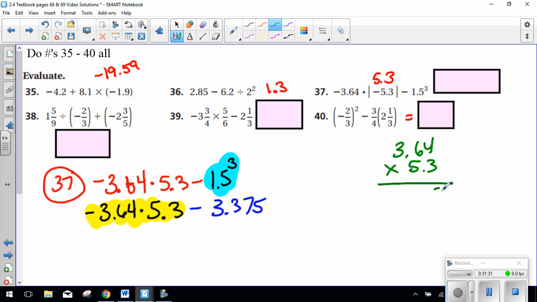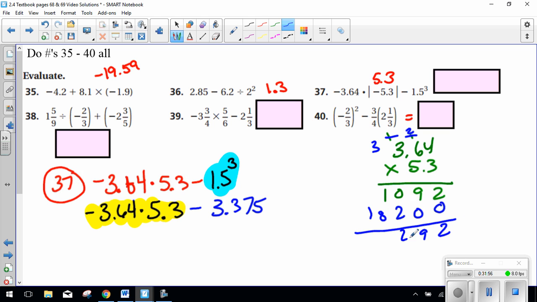Okay, 3 times 4 is 12. 3 times 6 is 18, and 1 is 19. 3 times 3 is 9, and 1 is 10. Okay. 5 times 4 is 20. 5 and 6 is 30, plus 2 is 32. 5 and 3 is 15, 16, 17, 18. We add.